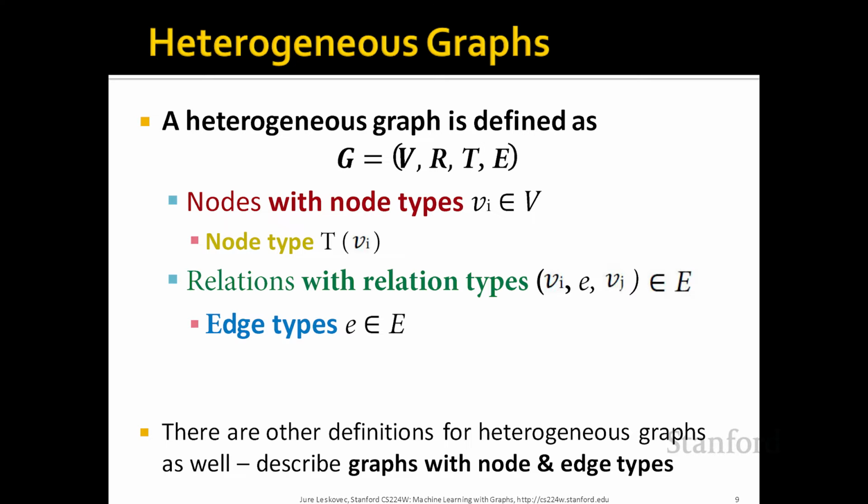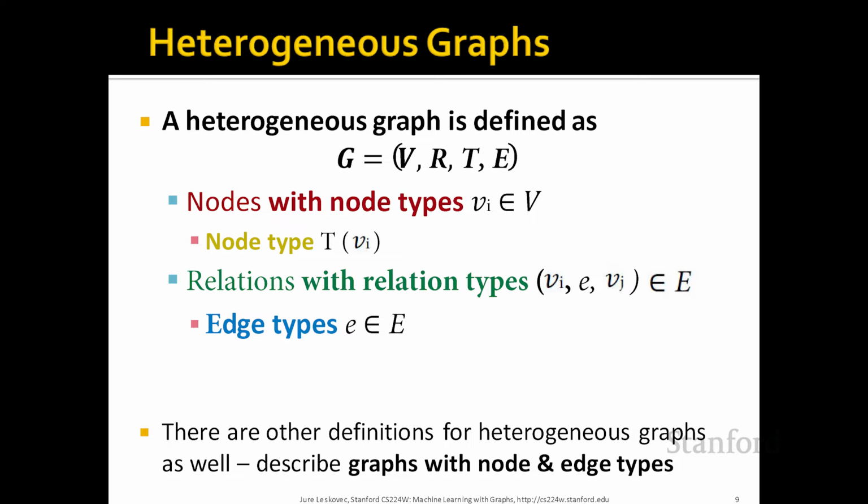But all of them serve the purpose of describing a graph which has multiple node types and multiple edge types. So we'll pick one particular way to define a heterogeneous graph. You have V, R, T, and E, 4 components to describe a heterogeneous graph.